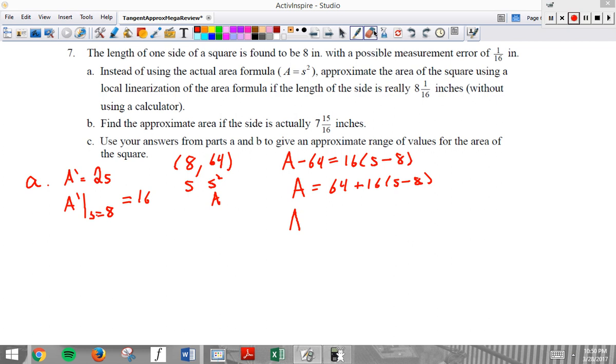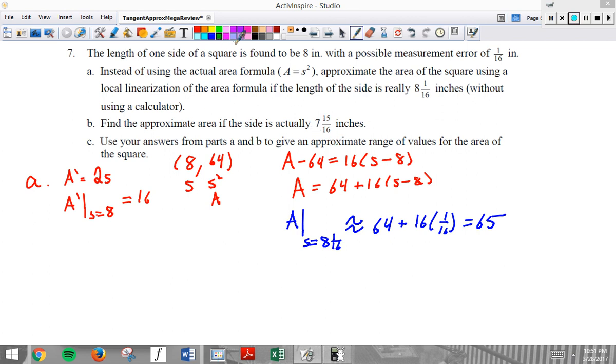So the area when s equals 8 and 1/16 would be approximately 64 plus 16 times 1/16, about 65. See, that's all there is to it.